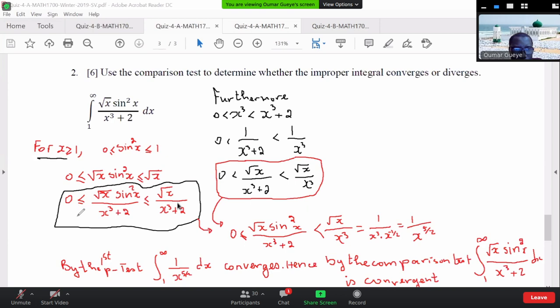I just copy this part here. Okay. All right. And since this function is less than this, the right hand side, and the right hand side is what you guys have here. It's less than this part. Oh, yeah. So that I combine these two double inequalities. Okay. All right. Yeah.